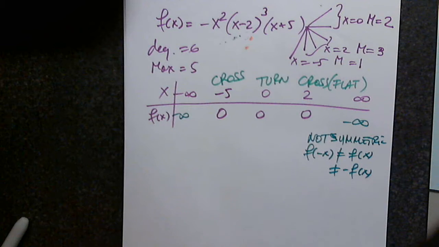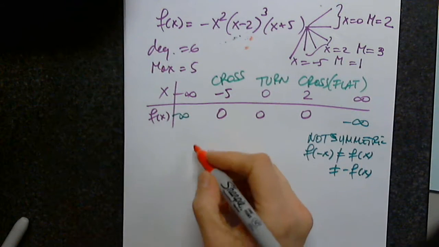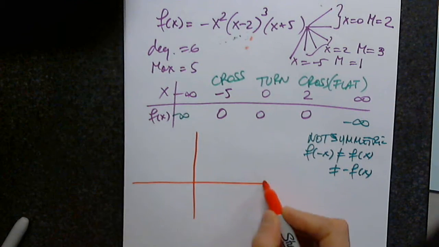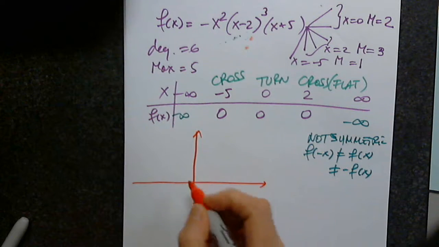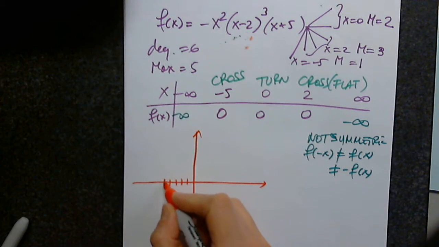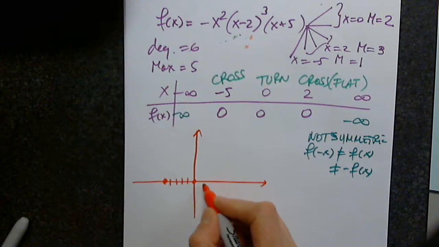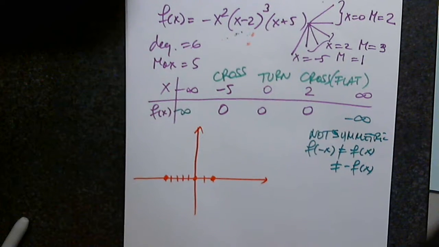Good. So now here's my graph. Did you graph it without looking at the graphing calculator? First. Awesome. Because that's the only way to learn. Good. So here is my take on it. So at negative 5, at 0, and at 2.